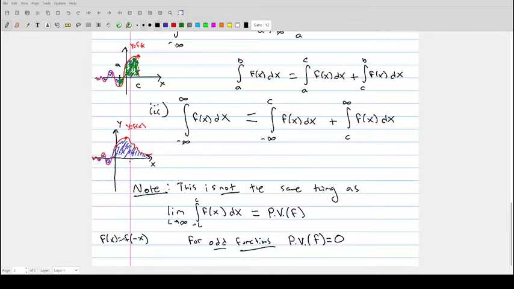So for any value of c you might choose, let's say we choose this value of c right here, the improper integral of the function from negative infinity to positive infinity will exist if the improper integral from c to positive infinity exists, and if the improper integral from negative infinity up to c exists.